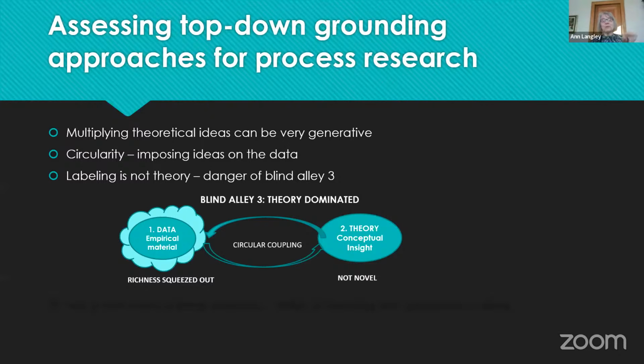The danger of imposing one model is that you end up with the richness squeezed out. Looking at several, if you could look at my diagram, you would see several different circles on the bubble on the left, and that might do a better job of understanding your whole process.